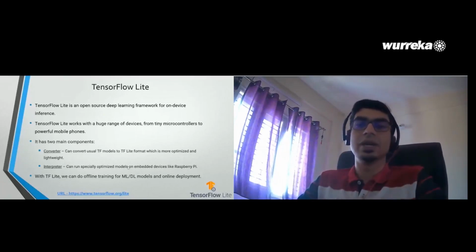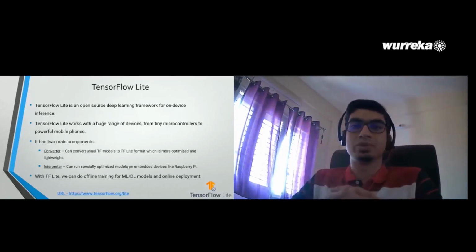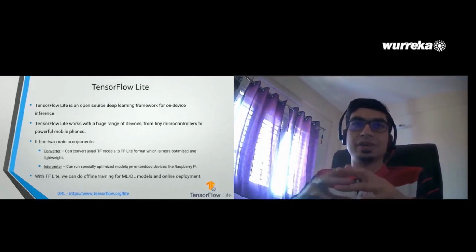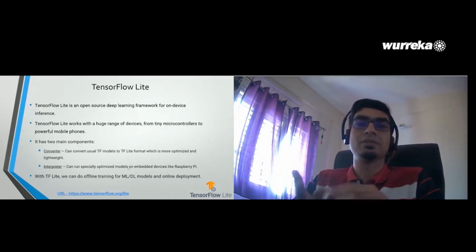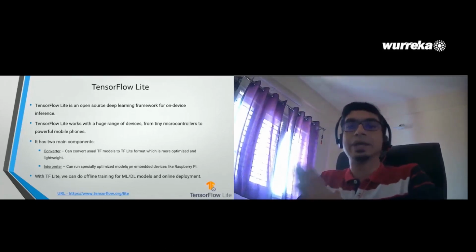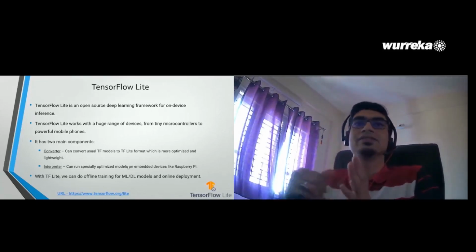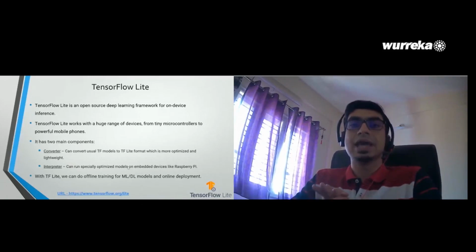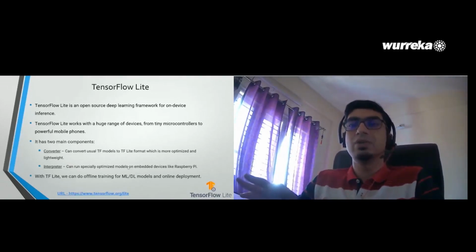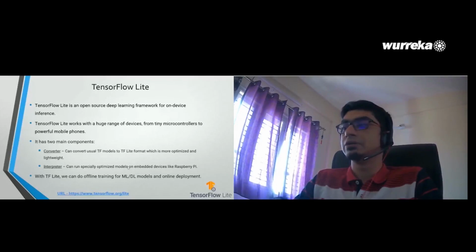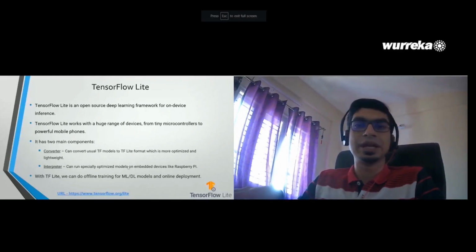But typically, it has two main components. One is the converter part, which converts a usually trained TensorFlow model into a lighter format. When we talk about a light format, it is further optimized, and the optimization typically happens at the floating point level, where a TensorFlow model typically uses a 32-bit precision level.